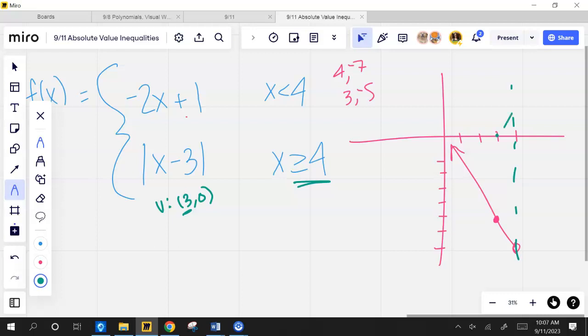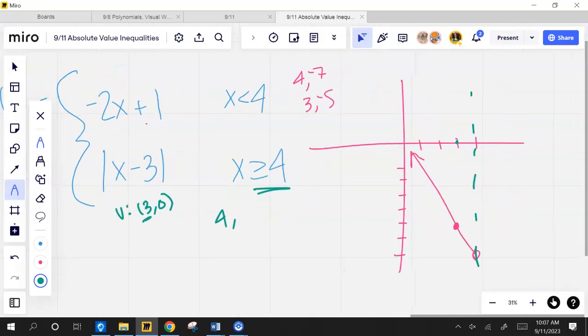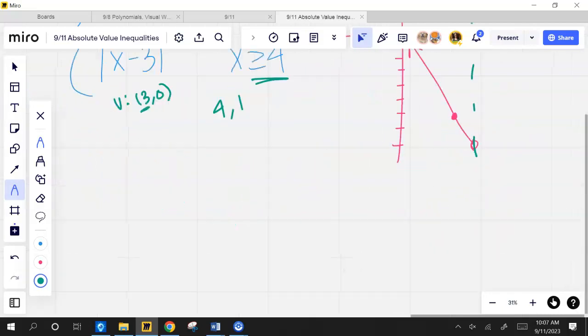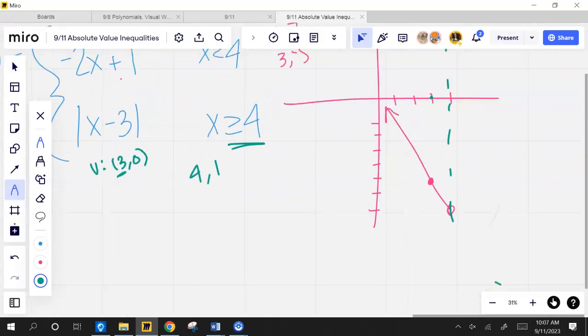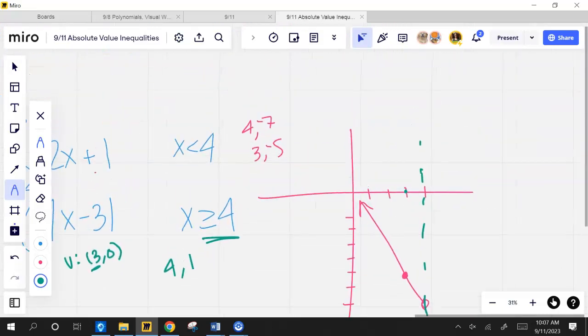That's going to be my vertex for whatever else this is doing, but all this is cut off, so I don't have to include it. I just do this problem like the one before, and then I plug in 4, and I get what? 1. Whoa. 4, 1. And then something bigger than 4, so maybe 5, and I get those.